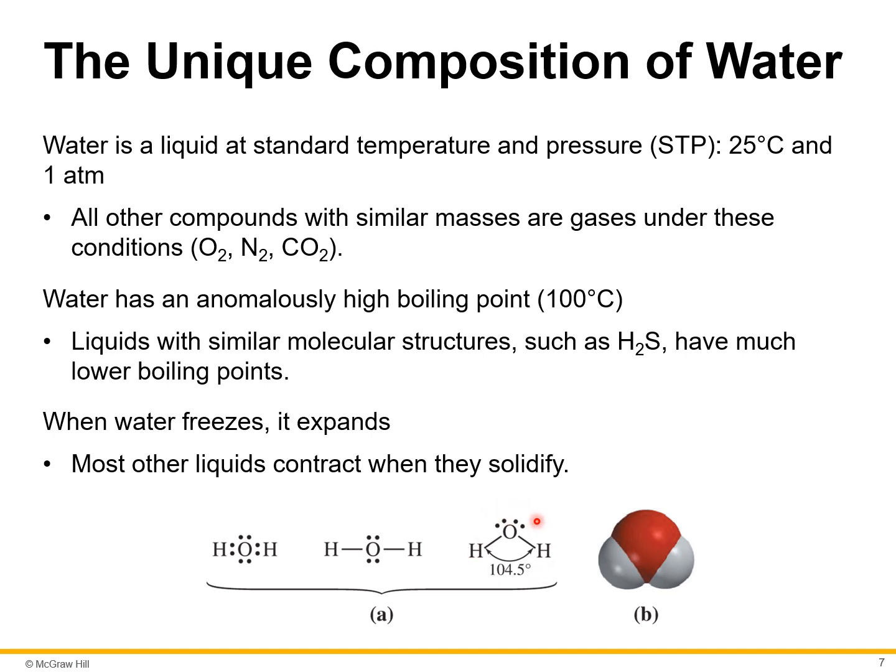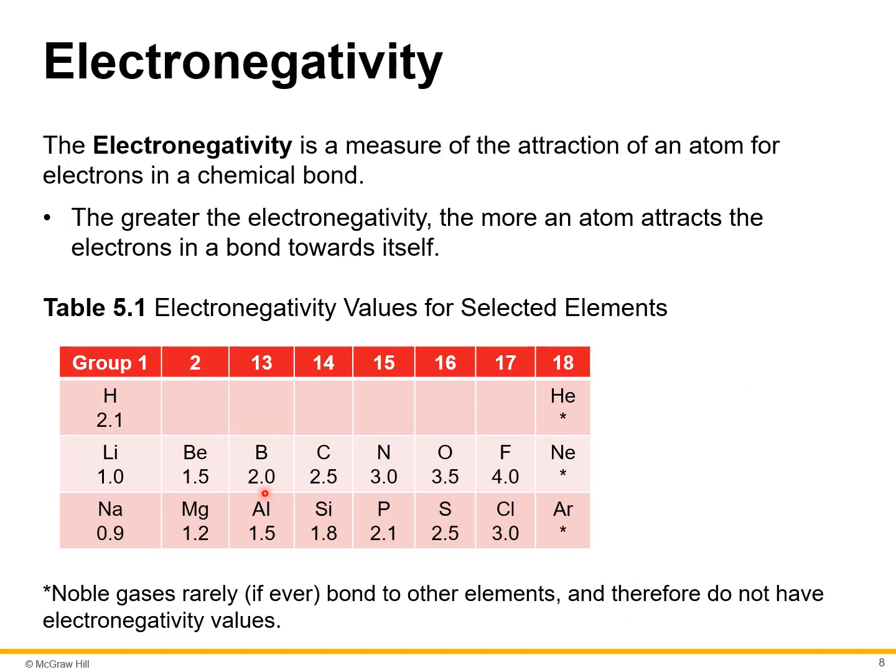Recall that H2O has a bent shape because of these lone pairs. Before we get to that, electronegativity is a way to measure the attraction of an atom for electrons in a chemical bond. So if we look at the example of water, H2O, we know that the electronegativity of H, and you don't have to memorize this, it will be given to you, is 2.1, and that of oxygen is 3.5.